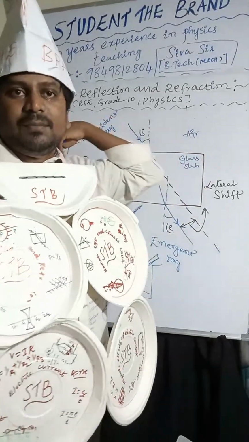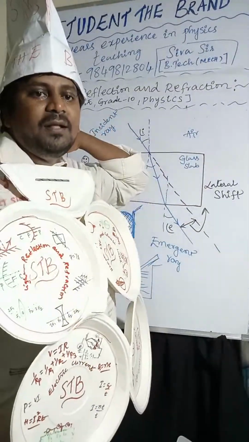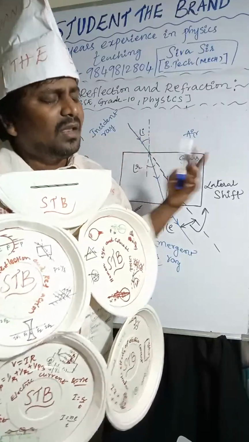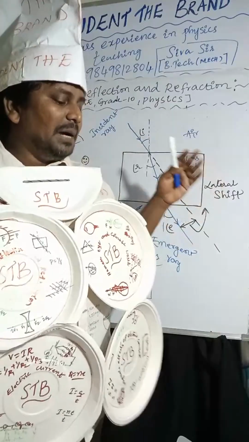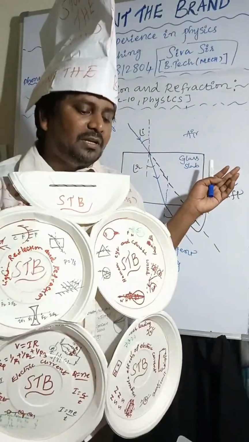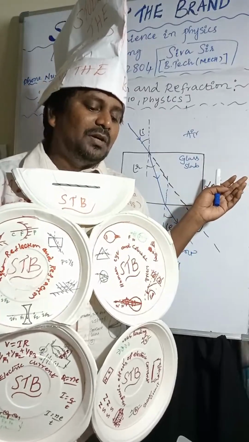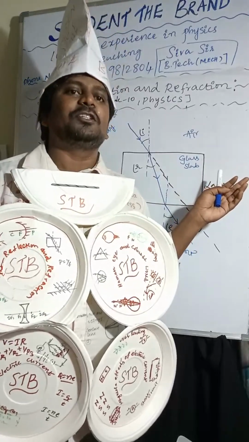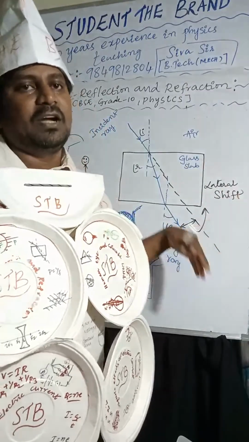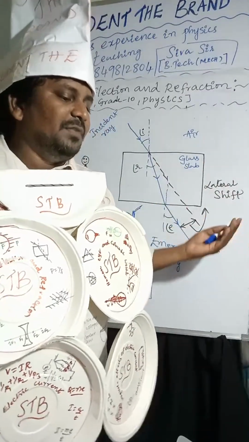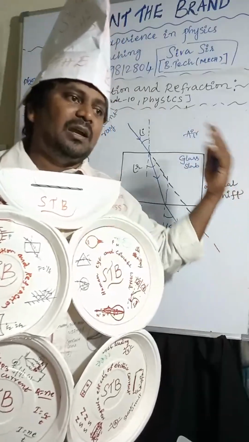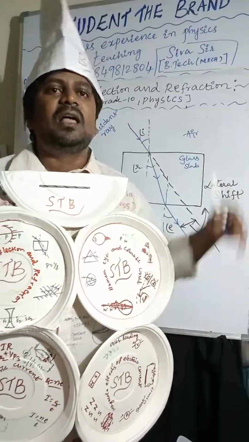So the vertical distance between the apparent position and the actual position of the coin is called vertical shift.